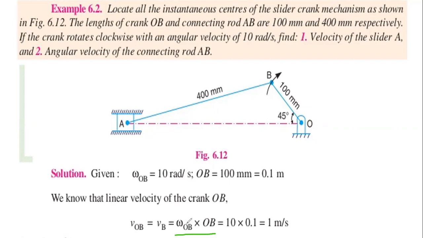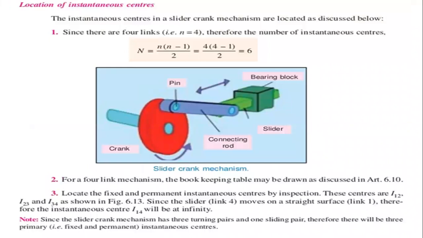The angular velocity of OB is 10 and the length of OB is 0.1, both in meters units. So we have obtained 1 meter per second. So we have obtained the velocity of B. Then we are going to locate the instantaneous centers through this.